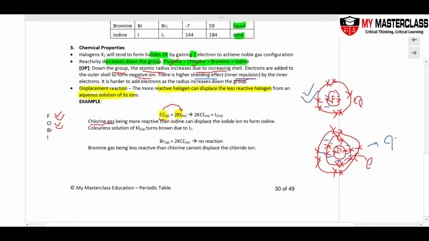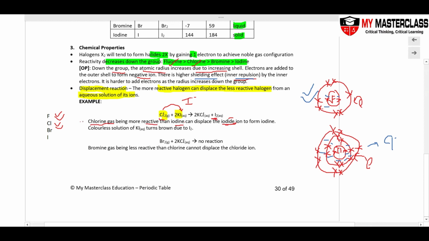Chlorine gas is more reactive than iodine. All right, so this first statement, I'm comparing the reactivity of my halogens. Okay, so it can displace the iodide because I'm kicking out the I minus. This is the ion, so the ion will end with ide. Okay, so it can displace the iodide ion to form iodine, right? So when my I minus is being kicked out, it forms I2.